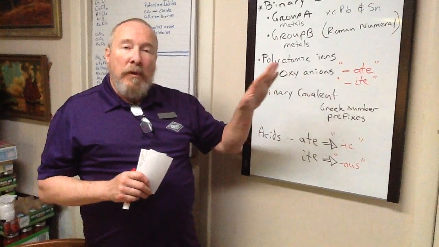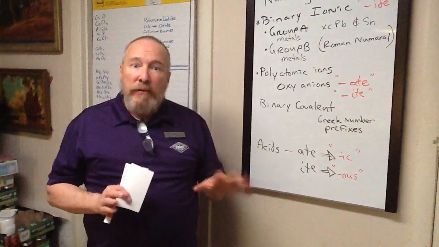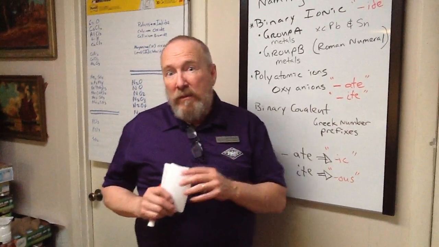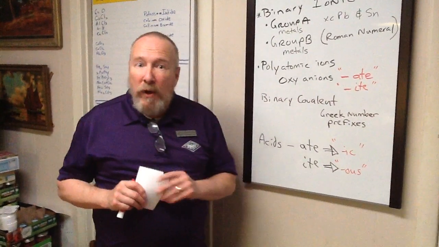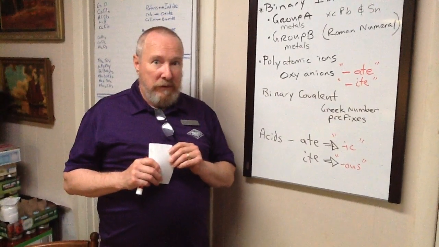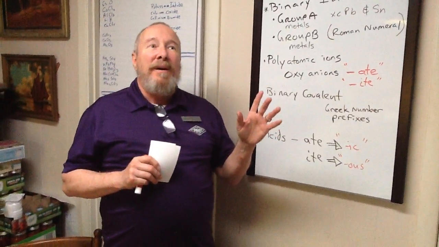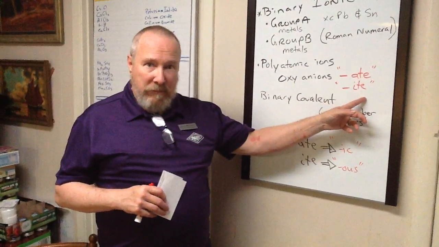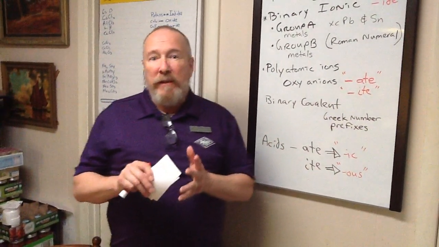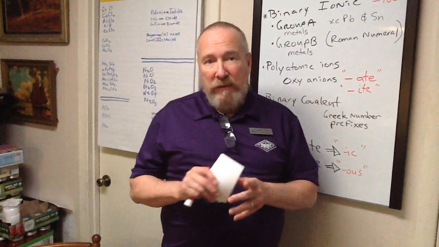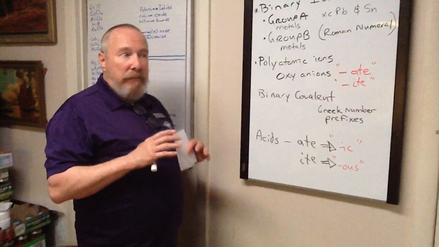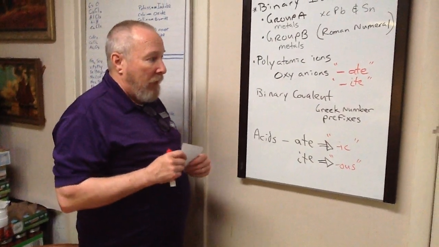And for example, sulfate, SO4, exists with a -2 charge, but it exists in another form, SO3, also with a -2 charge. And we call that sulfite. And so you'll have sulfite, nitrite, phosphite. And all those are the same as the -ate form, except one less oxygen.